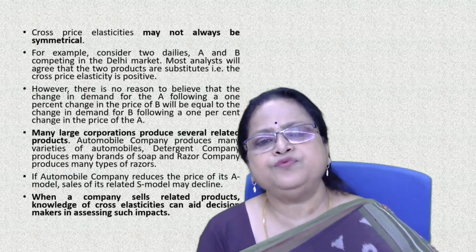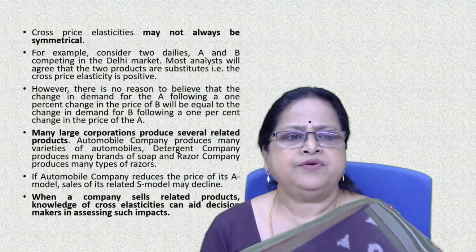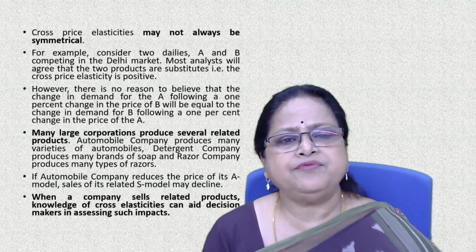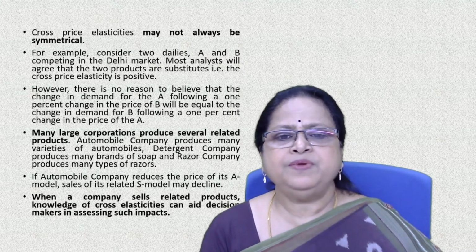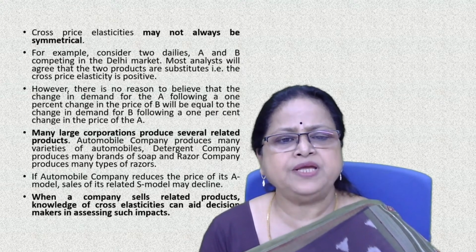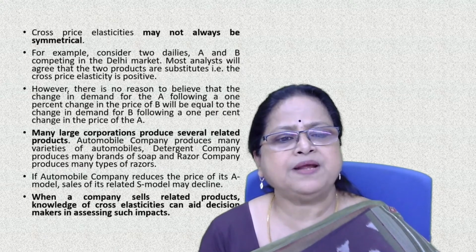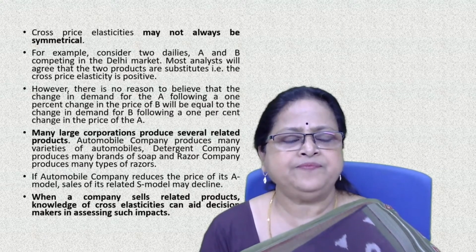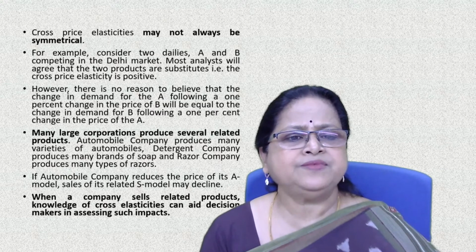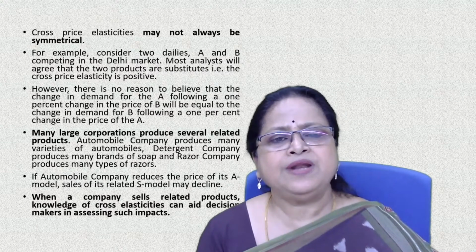However, there is no reason to believe that the change in demand for A following a 1% change in the price of B will be equal to the change in demand for B following a 1% change in the price of A. That is symmetric, but it is not that way. There is no reason to believe that will happen.